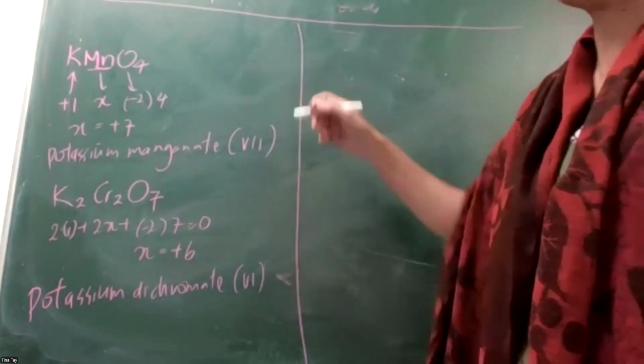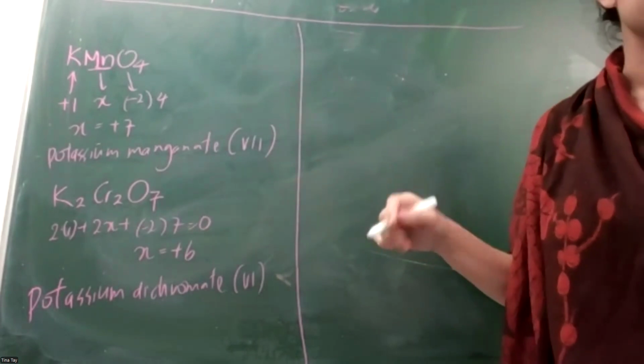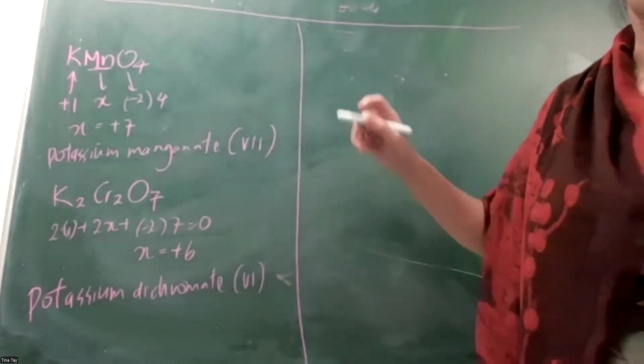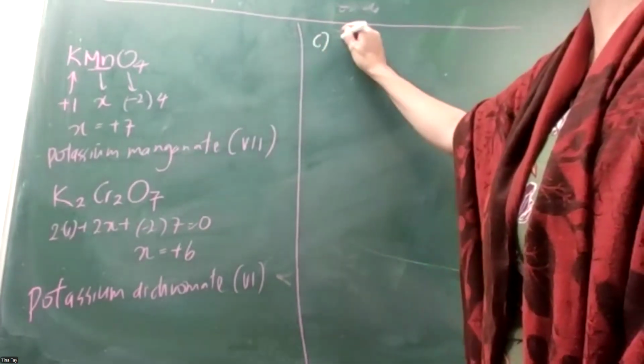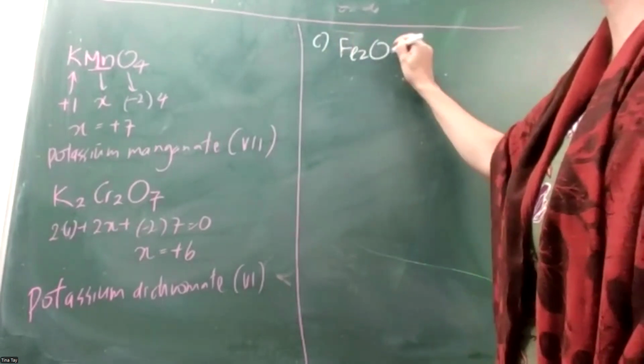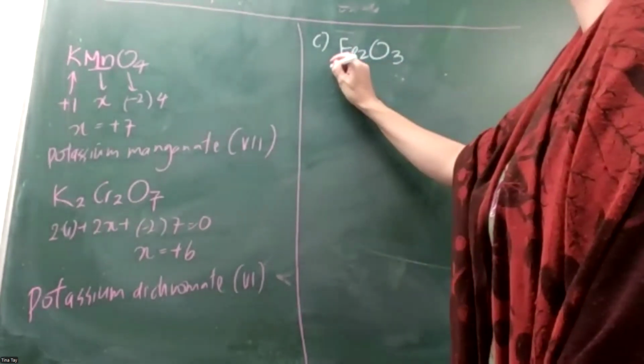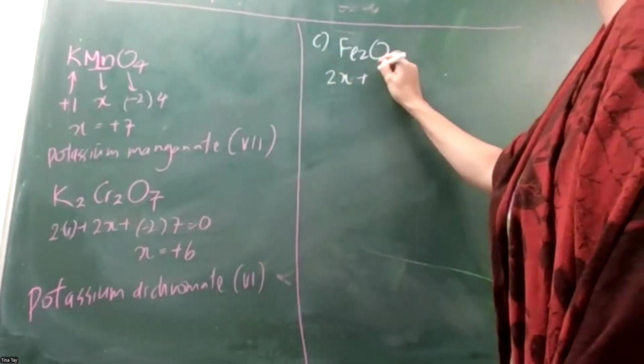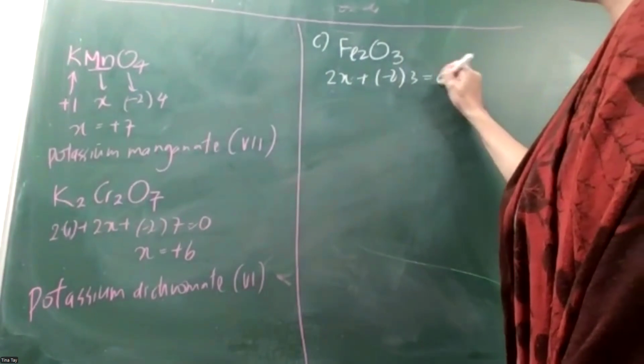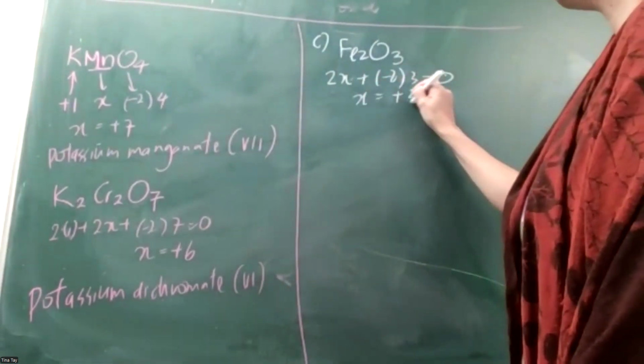So these two are things that we use for oxidizing agents. C is Fe2O3, correct? Yes. So 2x plus negative 2 times 3 is 0, so x equals positive 3.